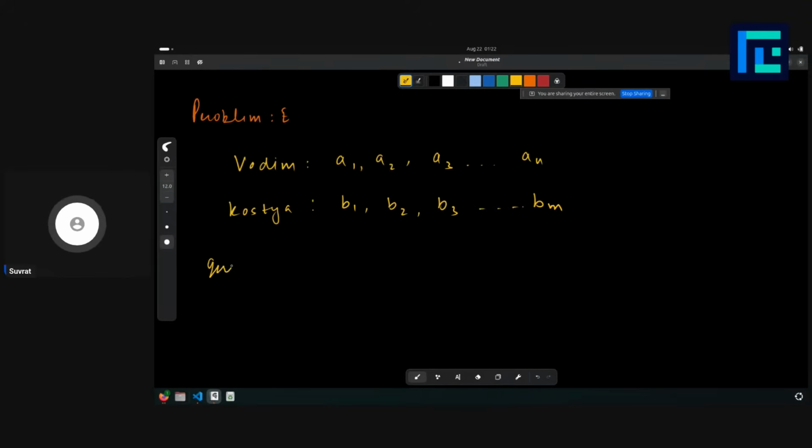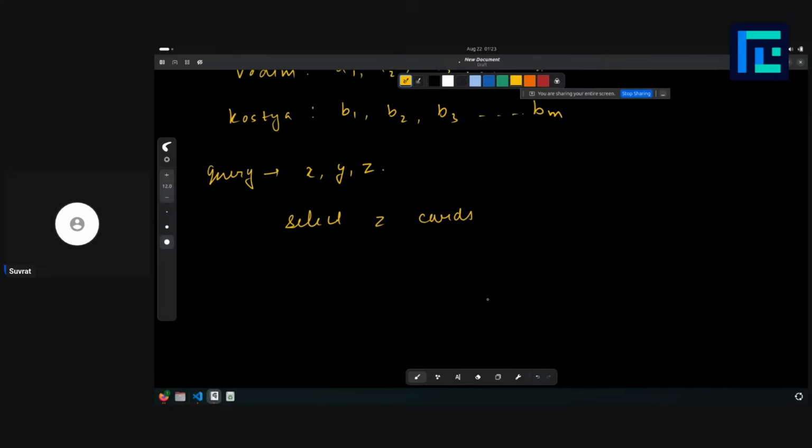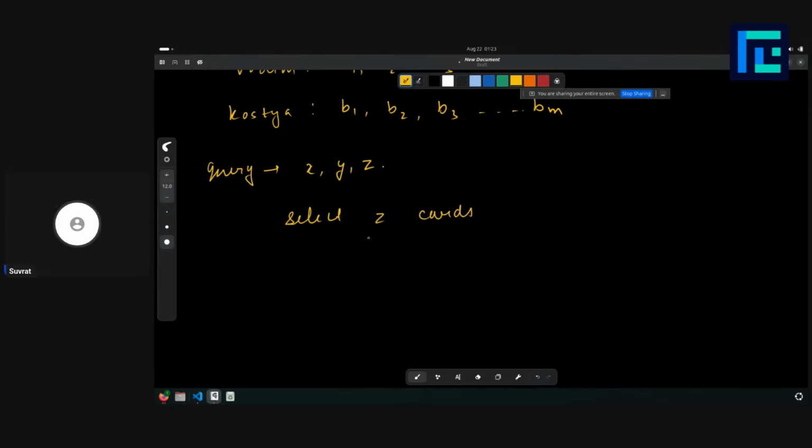And then in a query, we are given X, Y, and Z, and what we need to do is select Z cards from Vadim and Kostya.